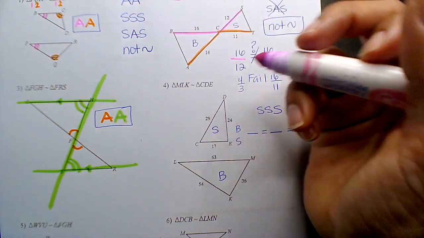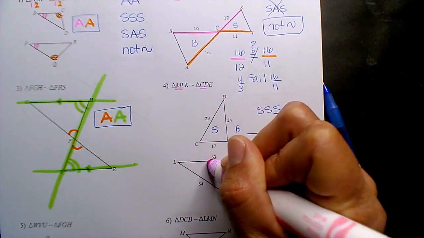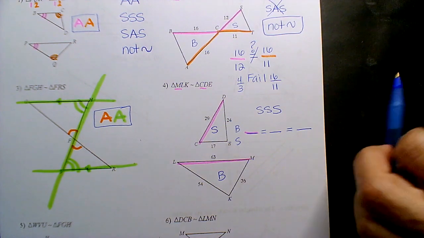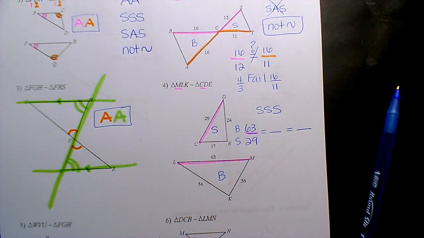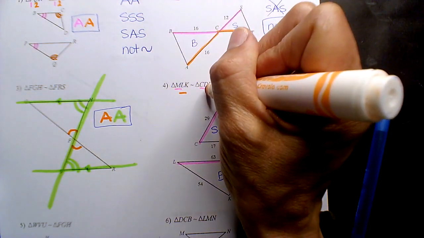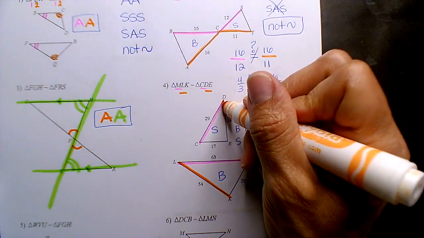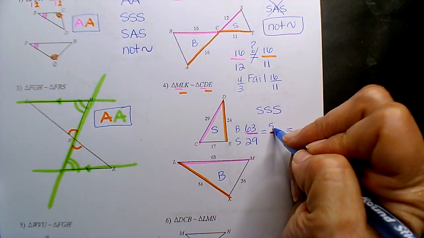So I have ML to CD, which gives me 63 over 29. And then LK to DE is 54 over 24.